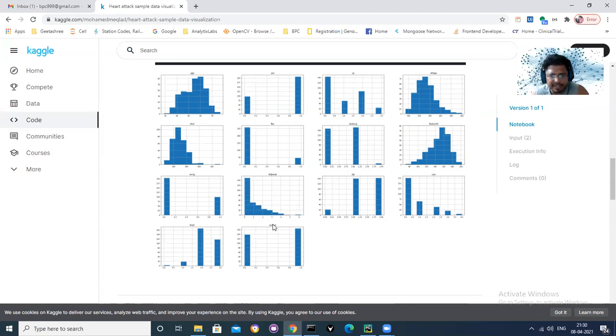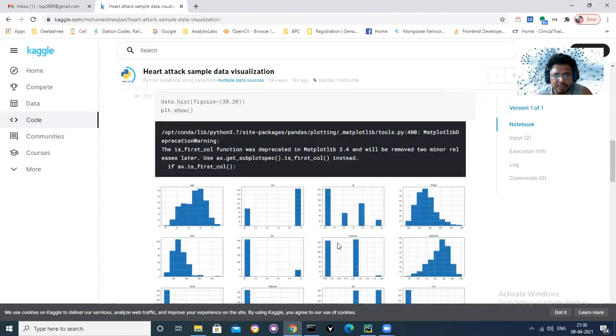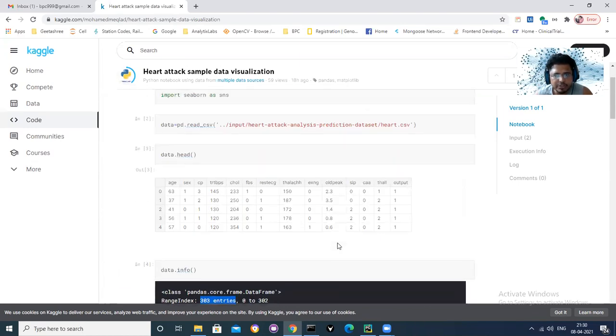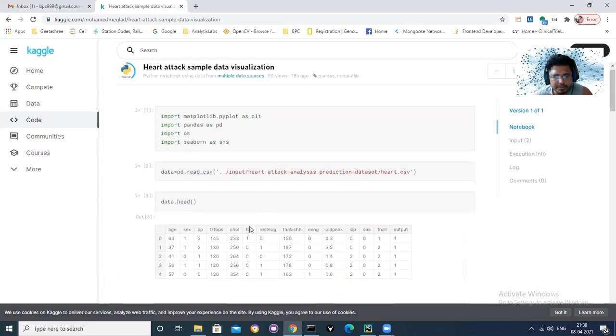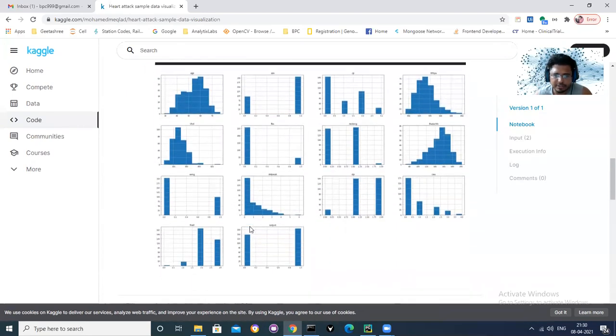So we have either a categorical data or a binary data or a continuous data. So to plot the histograms is the next step. So what we did, we saw with the columns, we saw the information, and we saw the histogram. So this much, if we do, we will have a pretty good idea about what we are dealing with.